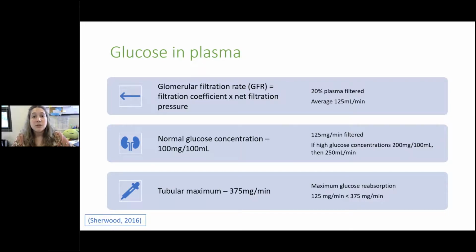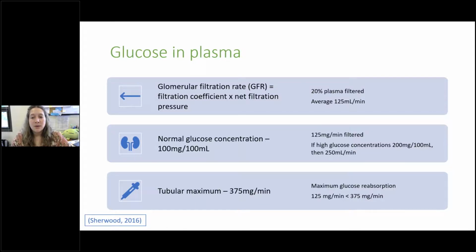Within the plasma is glucose, or sugar, which has a concentration of 100 milligrams per 100 milliliters, meaning 125 milligrams of glucose enters the filtration process every minute. If glucose concentrations in the plasma doubled, we would see 250 milligrams of glucose pass through the glomerulus.